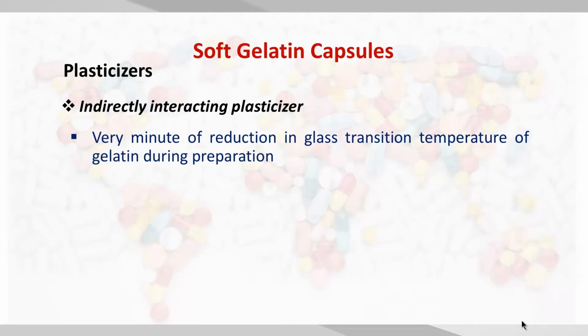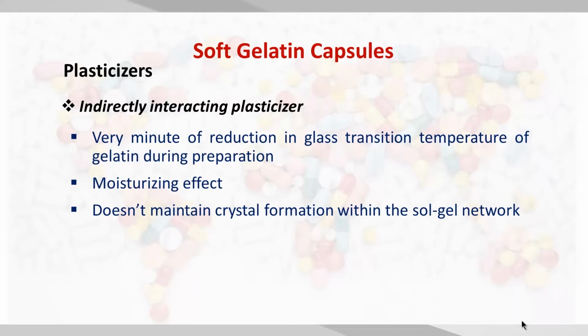Now, how does an indirectly interacting plasticizer work? A very minute reduction in the glass transition temperature of gelatin during the preparation is the prime effect of an indirectly interacting plasticizer. It also produces a moisturizing effect, which is actually the cause of formation of the soft gelatin capsule.